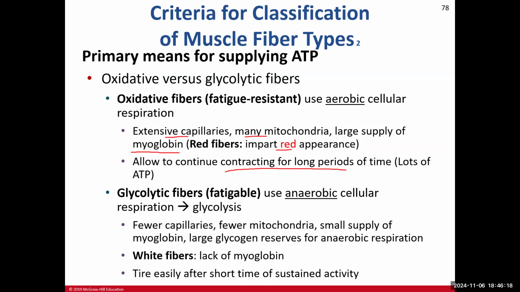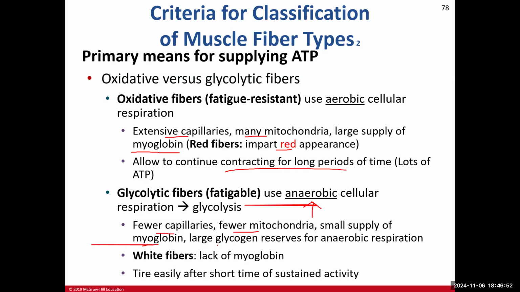The other type, the glycolytic, I want you to think of glycolysis. Glycolysis is an anaerobic form of metabolism, meaning no oxygen. So that pretty much tells me that these muscle fibers don't really have a lot of mitochondria because they don't have oxygen, so you'll see fewer mitochondria, fewer capillaries, fewer everything, less myoglobin.